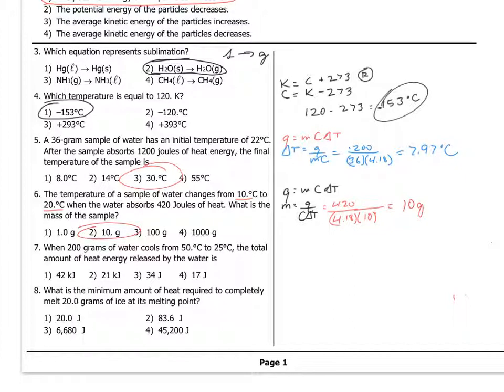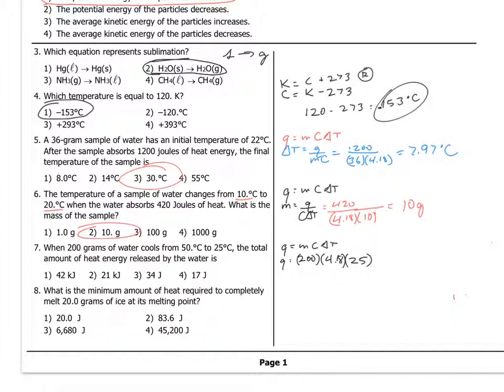All right, number 7. When 200 grams of water cools from 50 to 25, the total amount of heat released is. This is also a Q equals mcΔT question, and we are solving for Q. So let's plug in the variables that we need. The mass is going to be 200. The specific heat capacity for water is 4.18. And the ΔT is from 50 to 25, so that's 25 degrees of change.